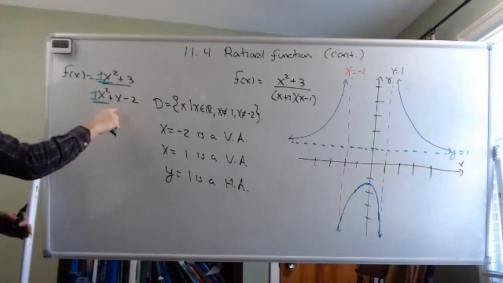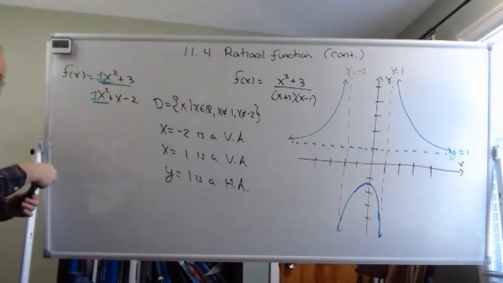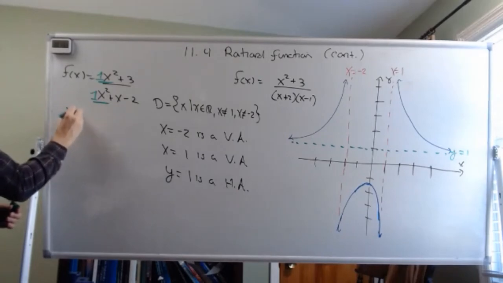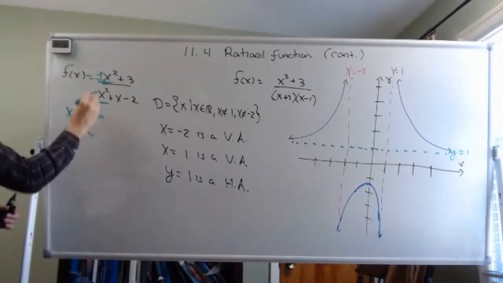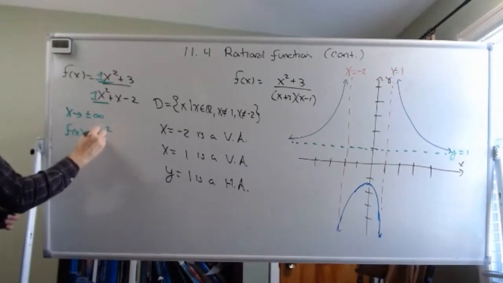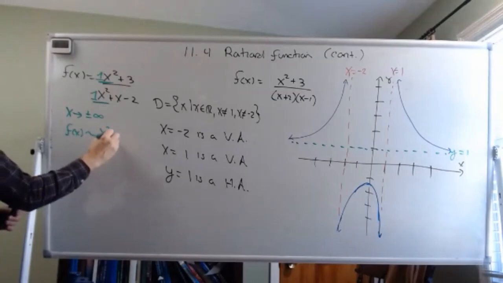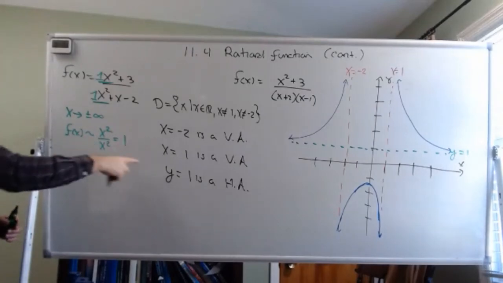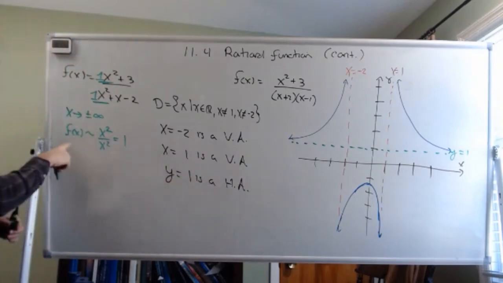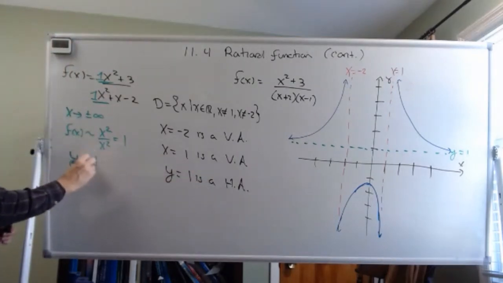So you can ignore both of these. So when x goes to plus or minus infinity, my f of x looks a lot like x squared over x squared, which simplifies to 1. And that's how I get my horizontal asymptote of y equal to 1.